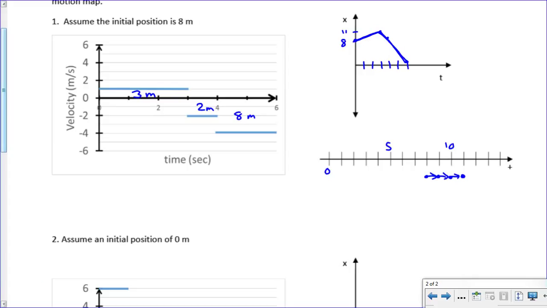All right, and then it's going to quickly change direction. So I'm going to get rid of that dot there and drop it below. It travels with -2 meters per second for 1 second. That brings it back here. And then it's going to go with -4 meters per second for the next 2 seconds.